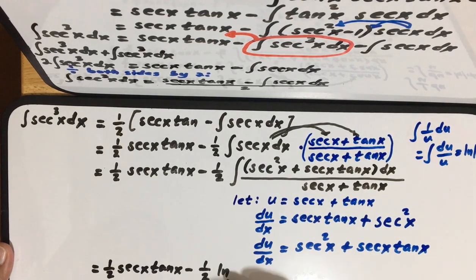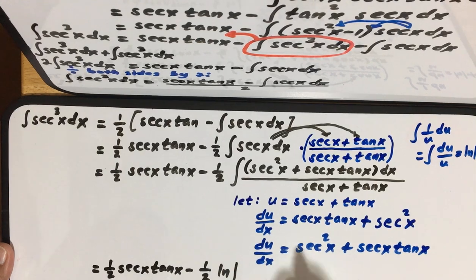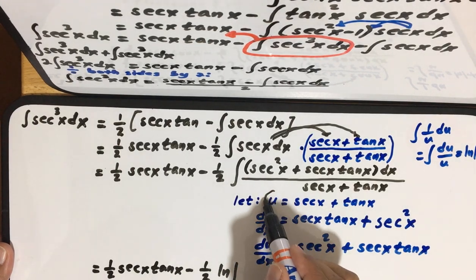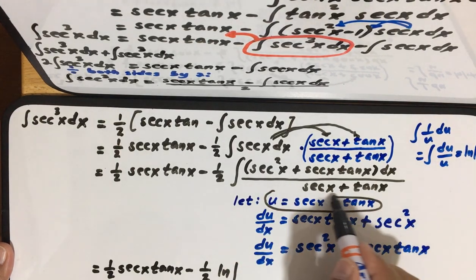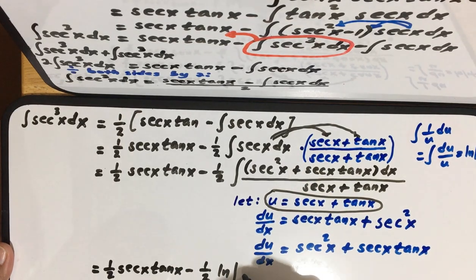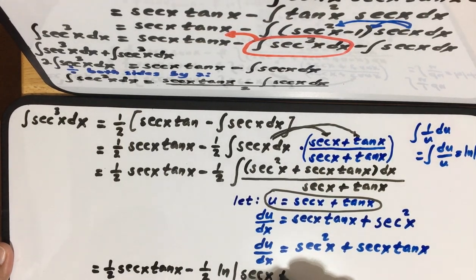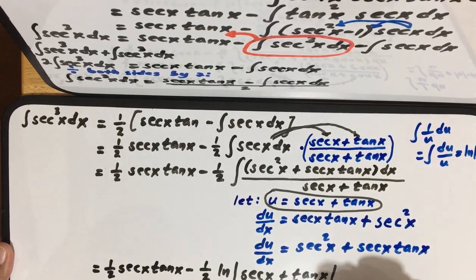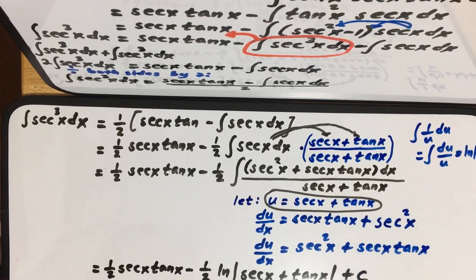So we can now use ln u, where our u is this one, which is secant x plus tangent x, then plus c. So that is our final answer.